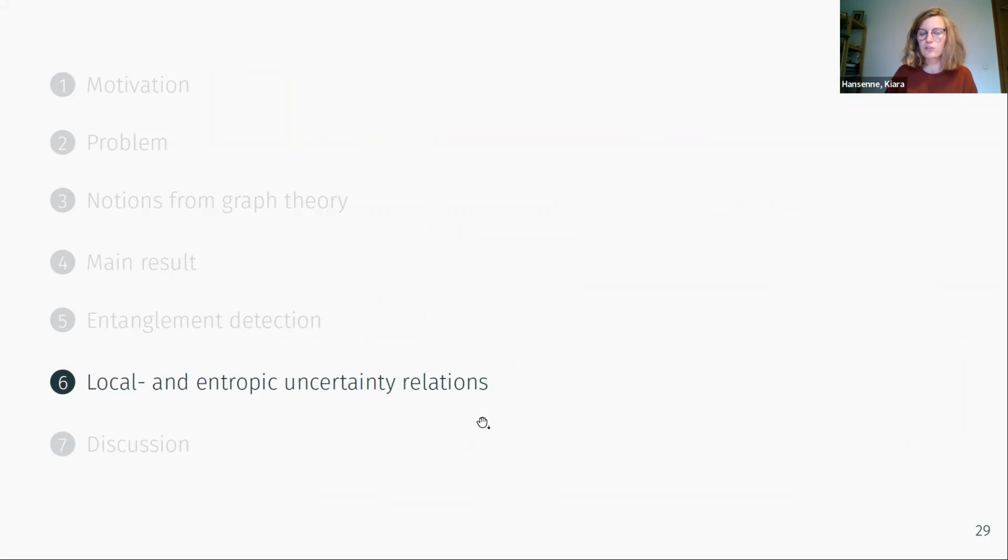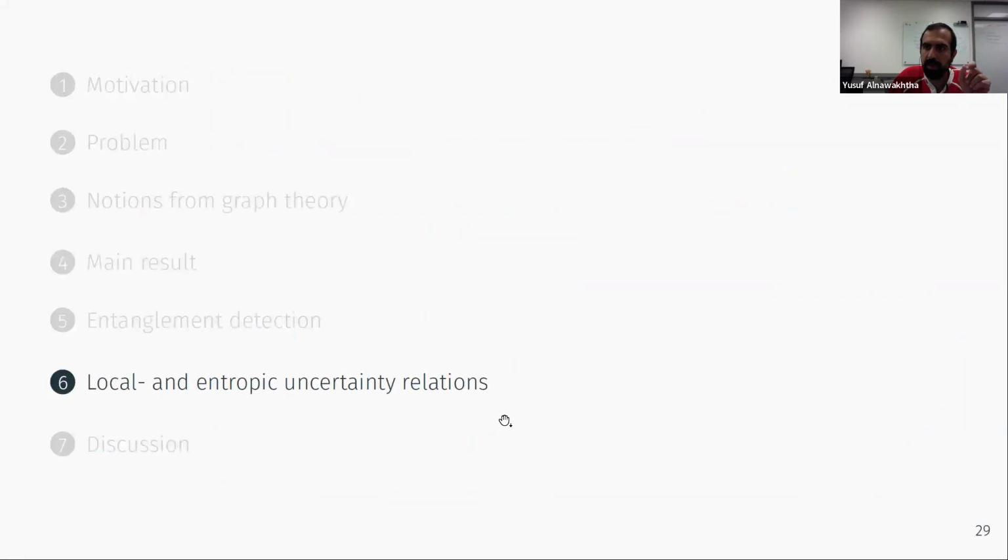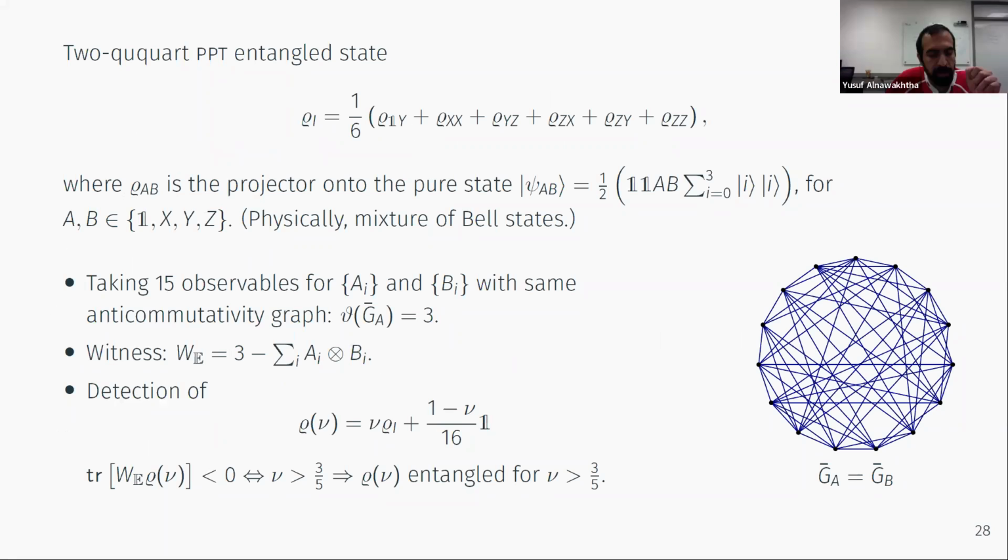Could I ask a question quickly about the witness? Yes, sure. So you mentioned that for this case, anything after that bound is separable, so it's detecting it well. Have you found that to be true whenever you're using this kind of method to construct the witness?